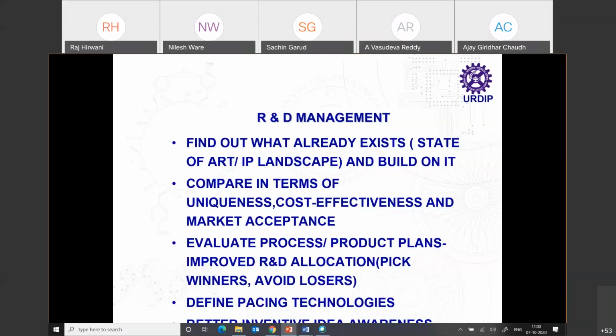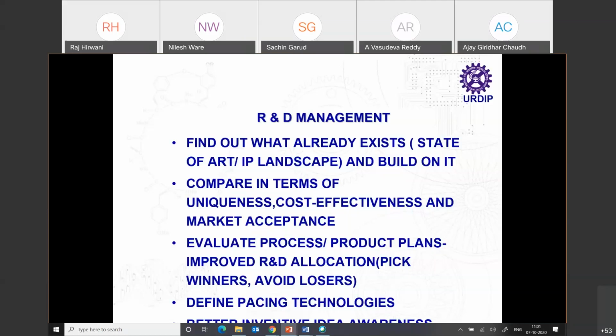You will solve the problems which people have faced. It enables you to drop directions which are not worthwhile. That's why I'm saying it improves R&D allocation. You must pick the winners and avoid the losers.